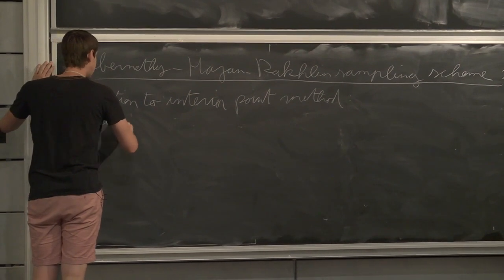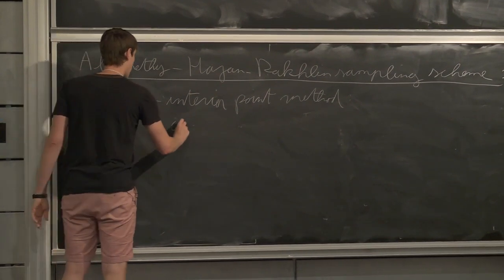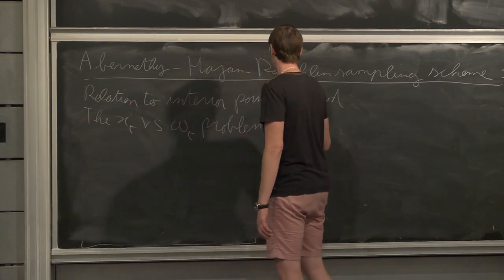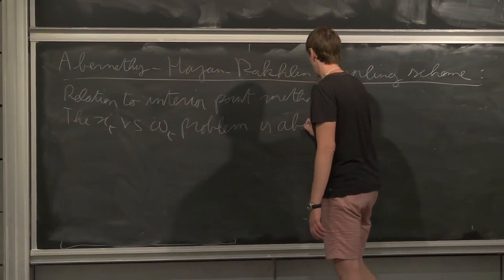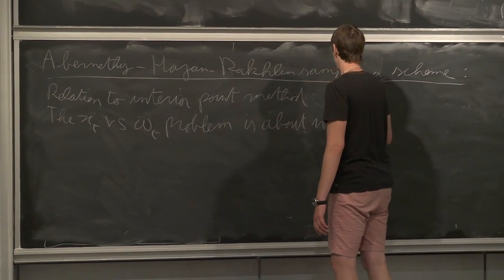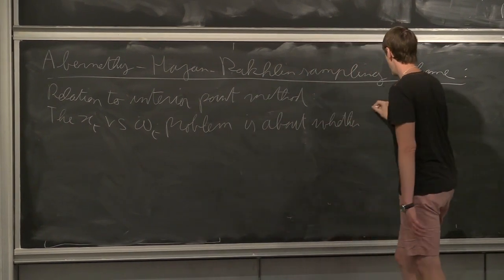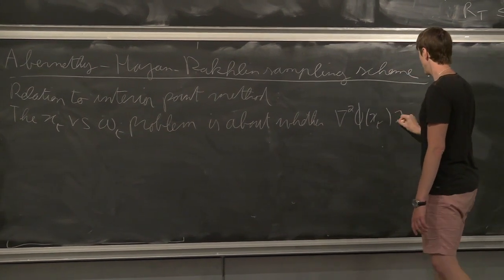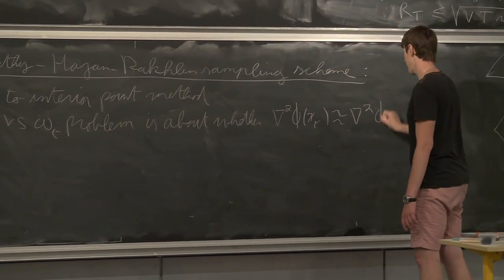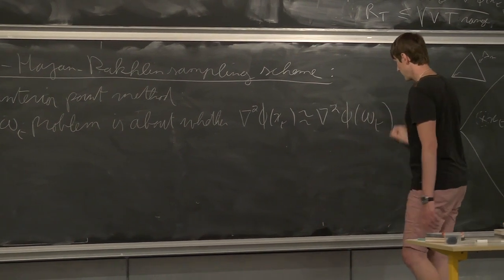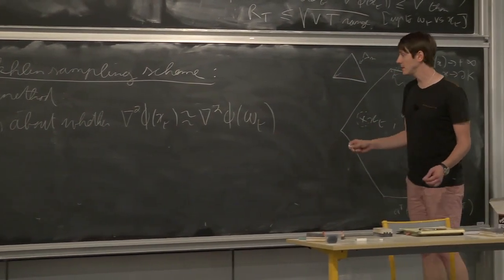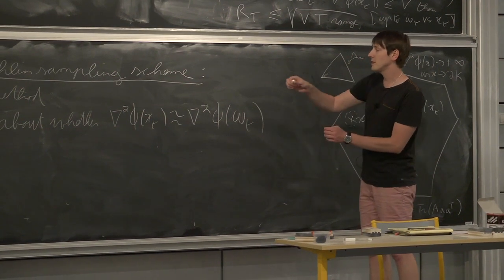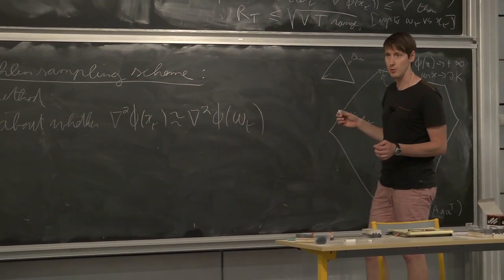The xt versus omega t problem is about whether the Hessian of phi at xt is of order of the Hessian of phi at omega t. Okay, and omega t is really a point which is basically on the segment between xt and xt plus 1.